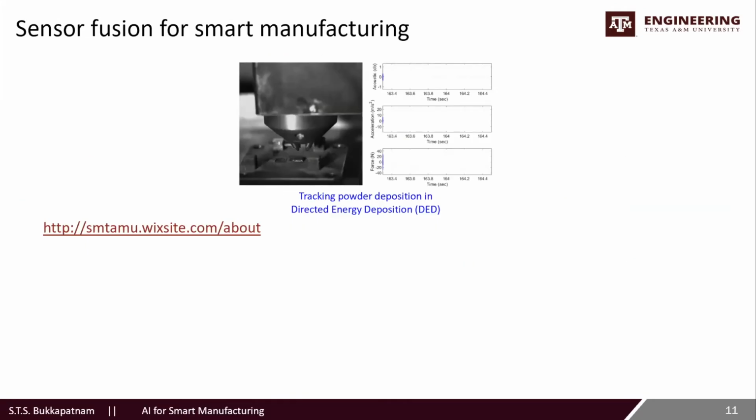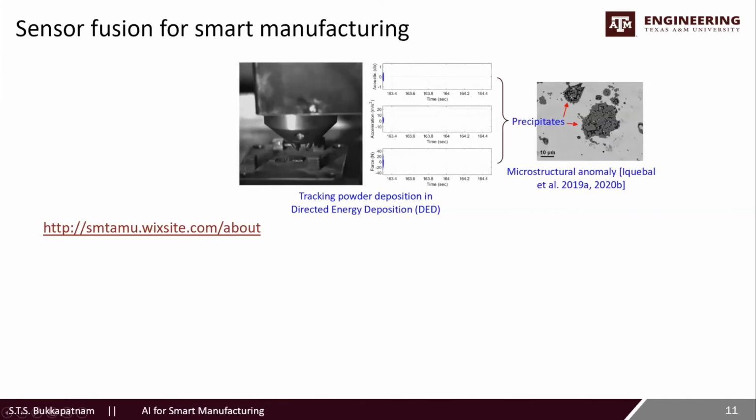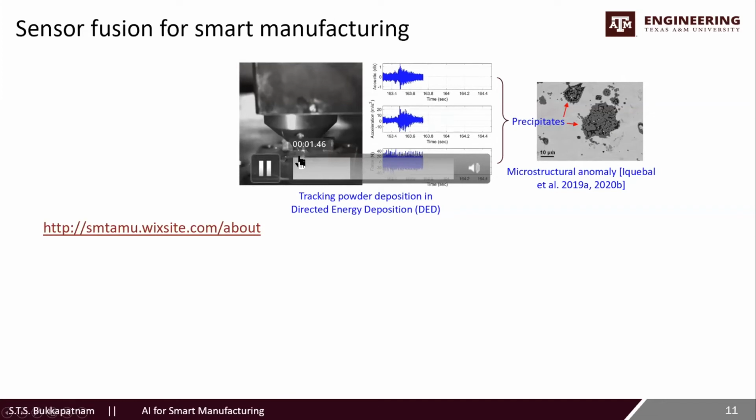For example, we can monitor the process in real time using video images, forces, acoustic, vibration, and so on, so that through the images, if you observe any kind of defect, you can go back and look at the process and tell what was happening to the signal at the time when you saw this defect, and go back and look at the product and tell what was happening to other aspects of the process.